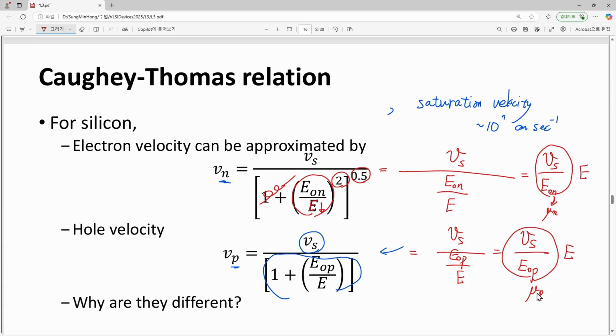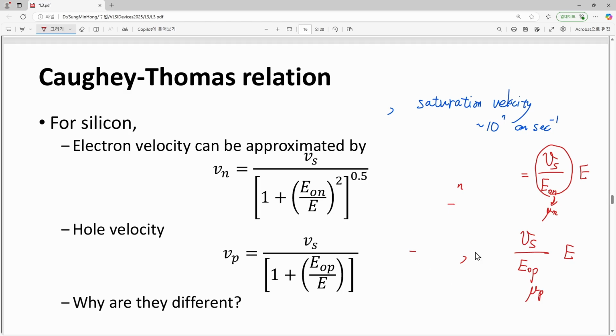So in the case of the low field limit, when the value of E goes to almost zero, in both cases we are reduced to velocity equal to mobility times the electric field. Yes, it's good. And now let's think about the opposite direction. Now we have quite a high electric field. Then what will happen? Its behavior is easily understood.